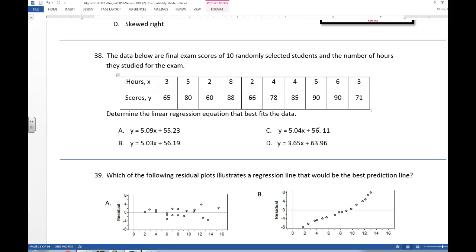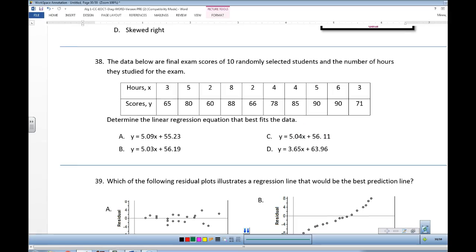When we run regression on our graphing calculators, we have the equation y equals ax plus b. Regression will tell us what a is and what b is. So I've got to look for the regression, find out what my a value and b value are, then I'll know which of these equations fits the data the best.